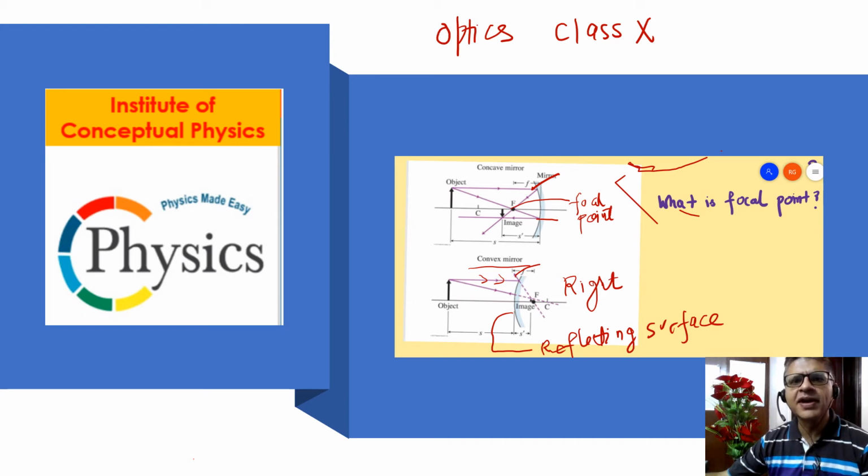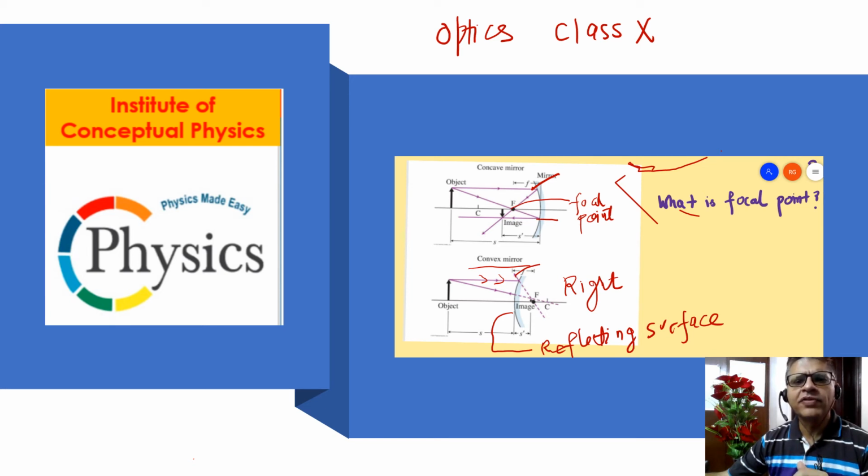So for you to define the focal point, all the rays which are being considered, which are coming from the source or the object, are parallel to the principal axis. In the case of a concave mirror, they actually strike, reflect, and meet at the focal point.